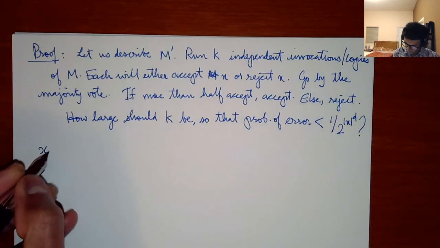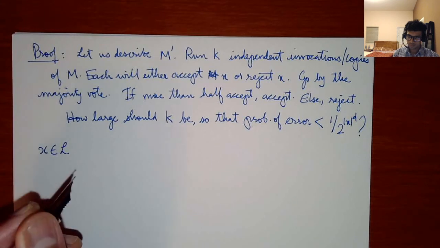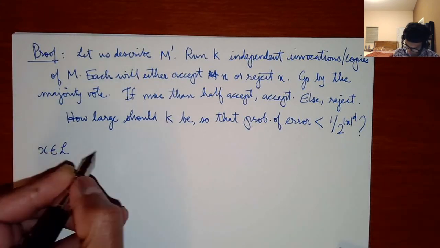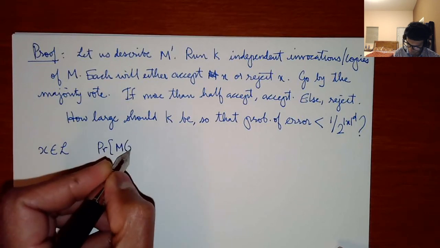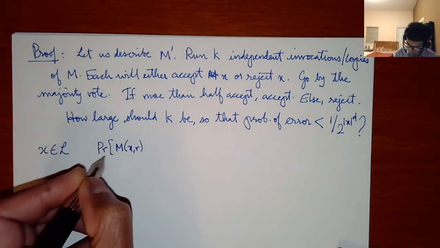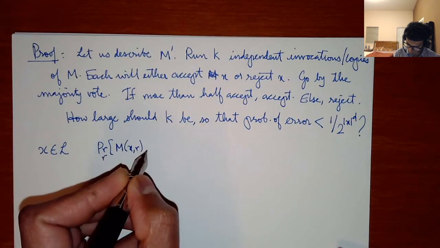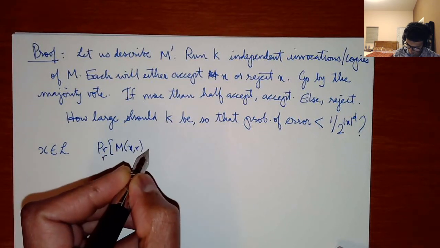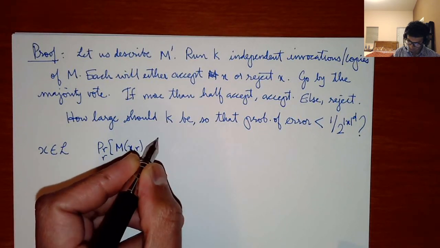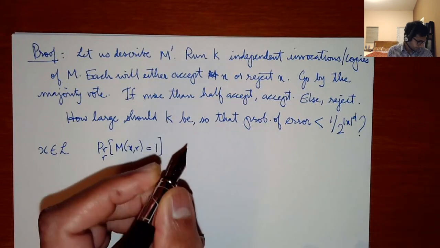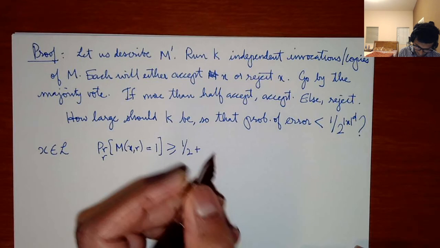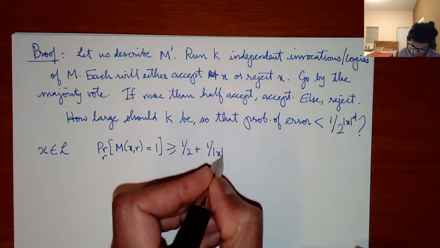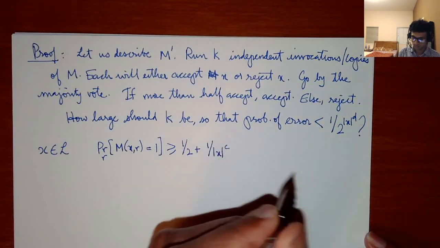So when x is in L, and I'm just looking at the machine M, the probability that M(x, r) is equal to 1, meaning that it accepts, is at least half plus 1 divided by |x|^c.